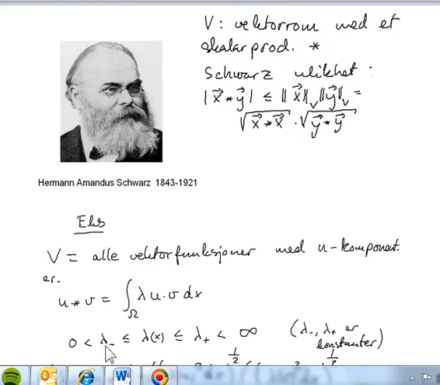That means that there exist some constants lambda minus and lambda plus such that these inequalities are satisfied. Then we can define the scalar product between a vector function u and a vector function v in the following way. We just let it be this integral.